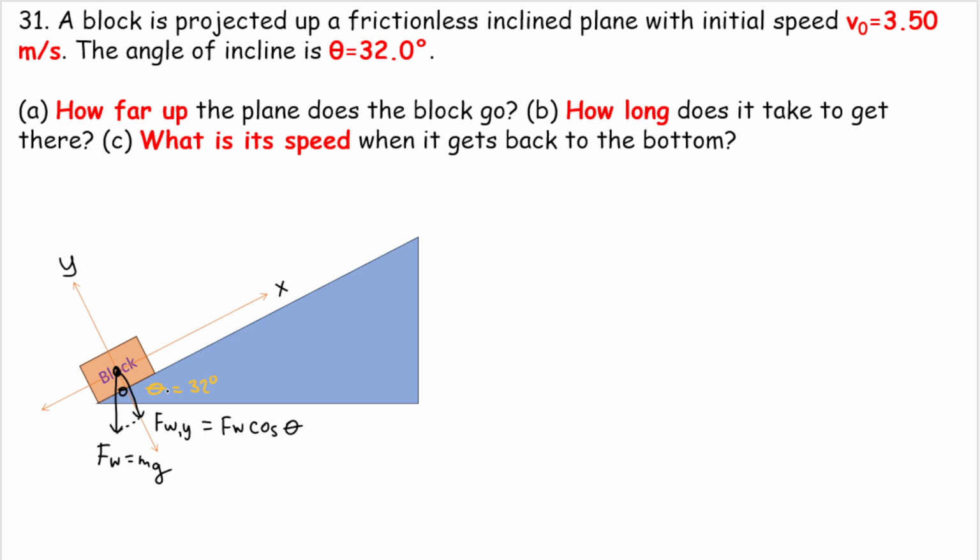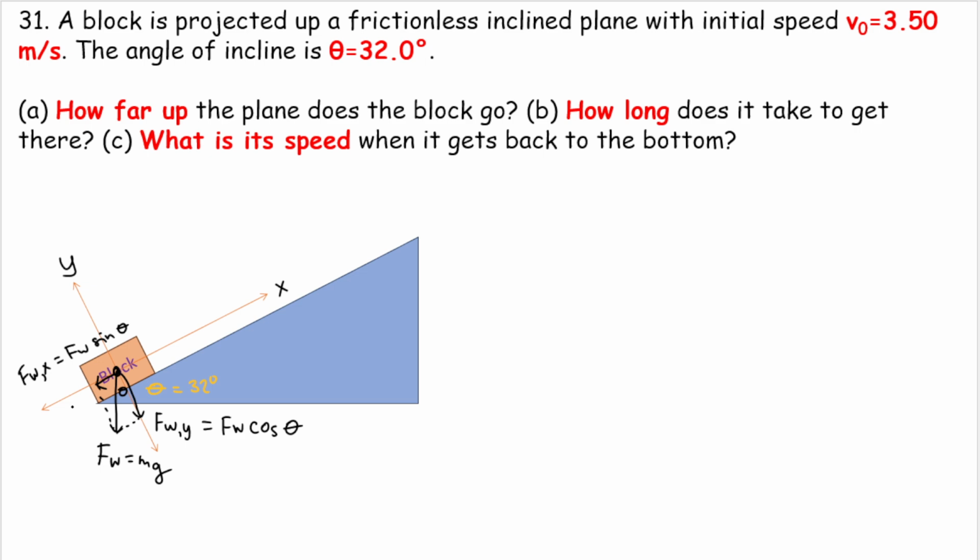We can play the same game for the x direction. This one will be Fw in the x direction. Because the other was cosine, obviously this one will be sine, so I will have Fw sine of theta, and that is the force working here.